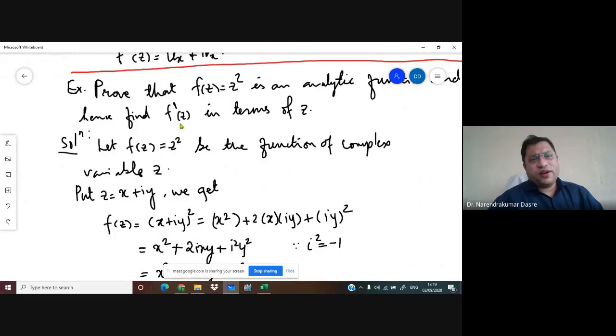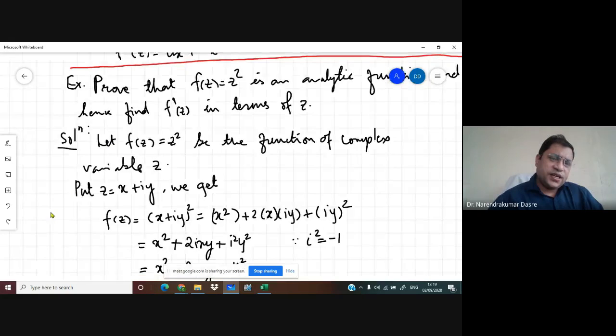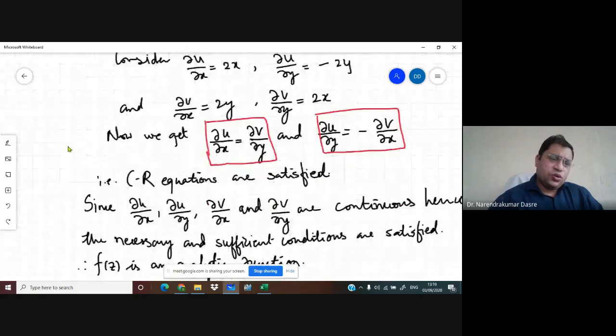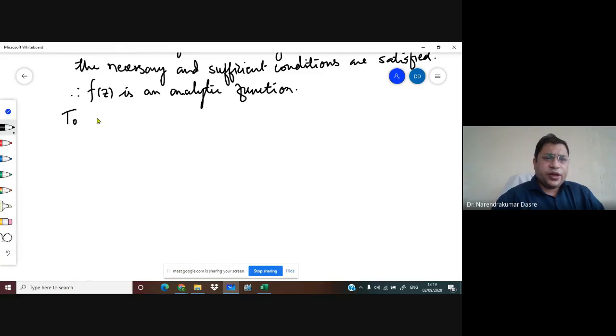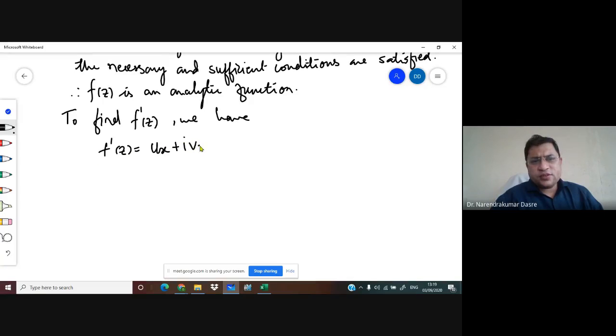Now the third step is to find what is going to be f dash of z in terms of z. So what we know is the formula for finding the derivative. To find f dash of z, we have f dash of z is equal to ∂u/∂x plus i ∂v/∂x, and what you'll be having, this is 2x, so 2x plus i 2y.